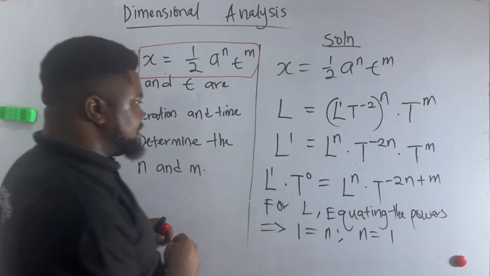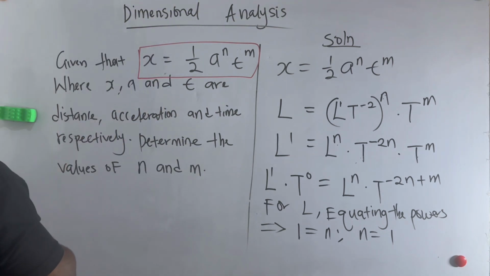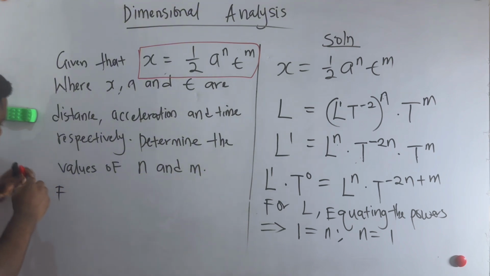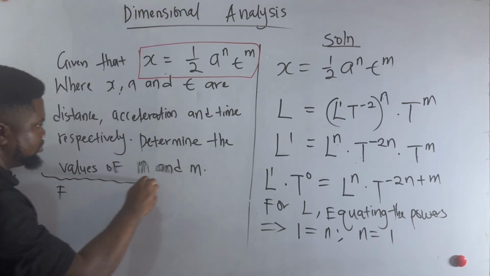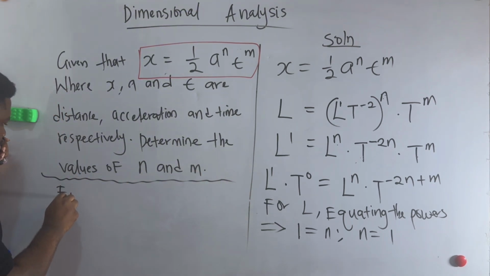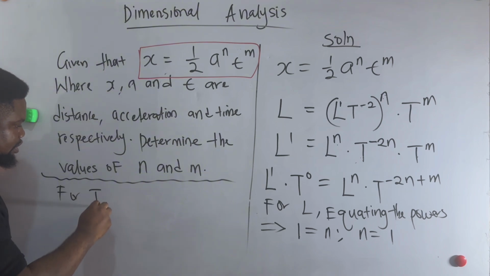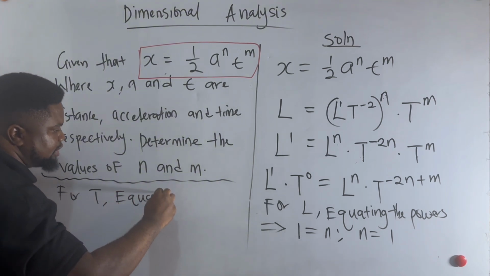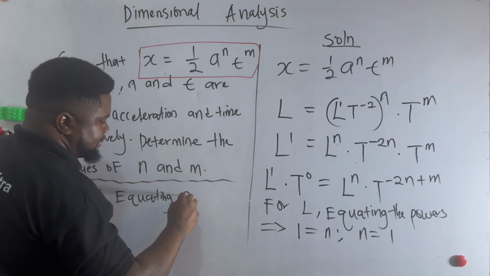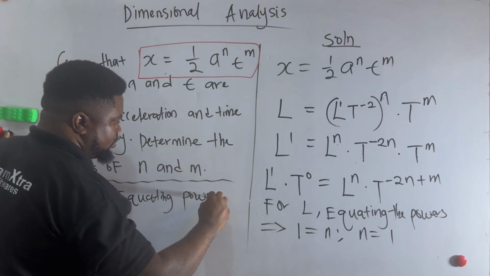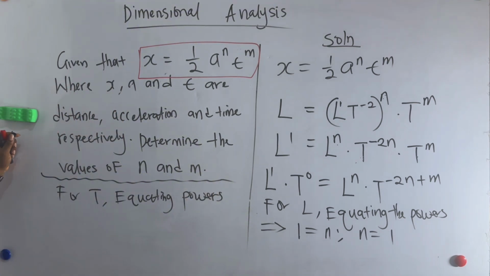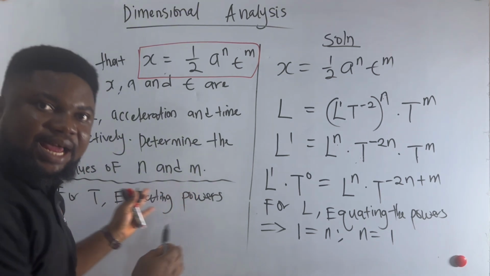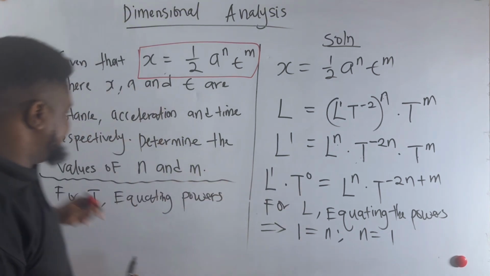Now for T, equating powers. The power of T on the left hand side is 0.